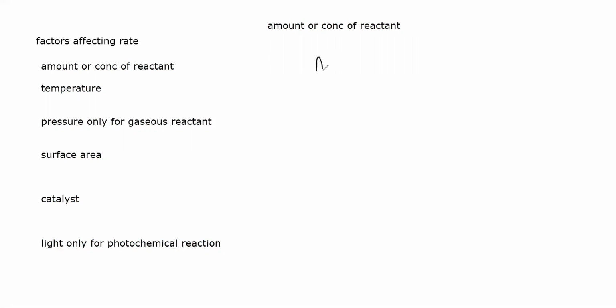For example, A and B are the reactants, and they're forming a product C. You have 5 particles of A and 10 particles of B.